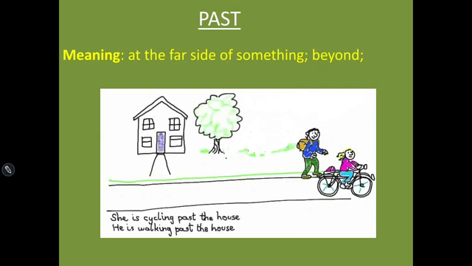When she is cycling on the way, she came closer to the house, but now she has left it behind and she is moving forward. Similarly, the boy is walking past the house, meaning the house is left behind and he is moving forward.